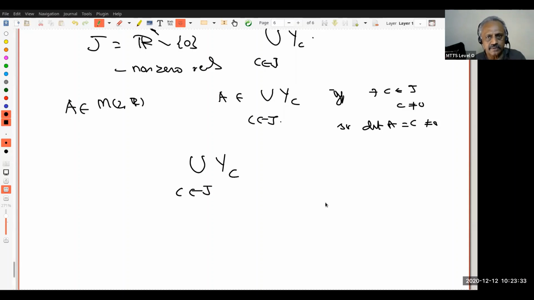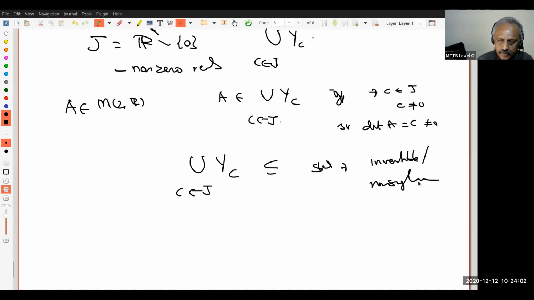Now you will understand what I said earlier: the properties are elements in the subset. The moment you think of a matrix such that the determinant is non-zero, what do you think of? It is invertible, it is non-singular, right? Therefore, if A belongs to the union of Y_C, then this is a subset of the set of invertible or non-singular matrices in M2(R).